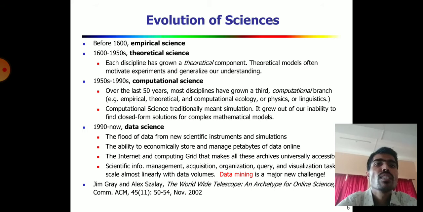Over the last 50 years, most disciplines have grown a third computational branch, for example empirical, theoretical and computational ecology, or physics and linguistics. Computational science traditionally meant simulation. It grew out of our inability to find closed form solutions for complex mathematical models.